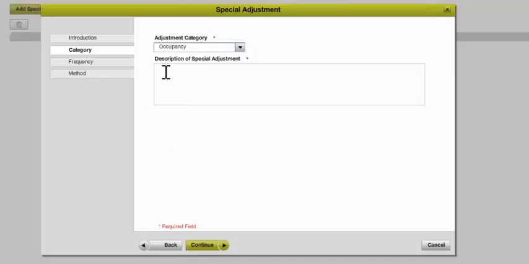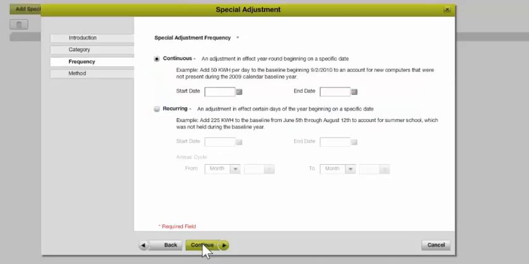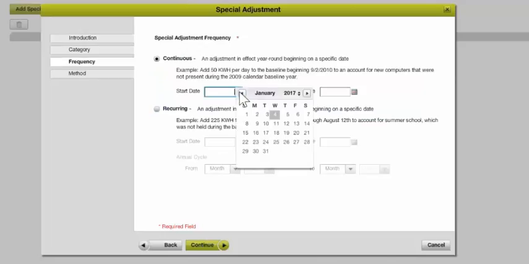So I'm going to say occupancy, and I'm going to say we had an extra week of school in June, and we're going to give it some start date. Now this was 2015, say. So in 2015, we had an extra week of school in June.